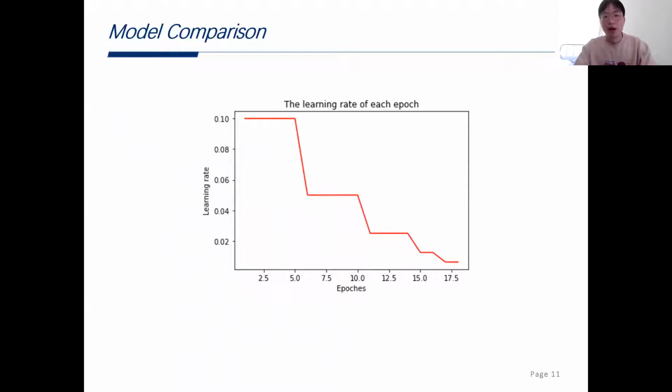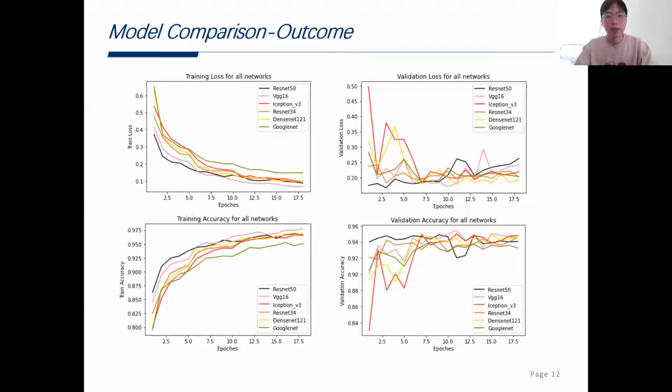Here we will analyze the training results of these models. All the conditions are the same except for the models. The learning rate schedule is shown in the figure. This is the result of training and validation.